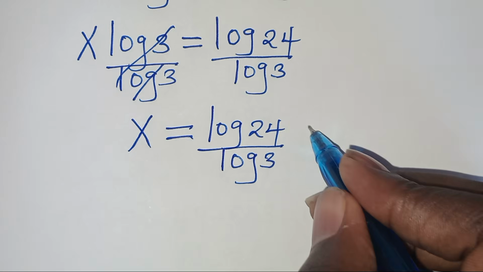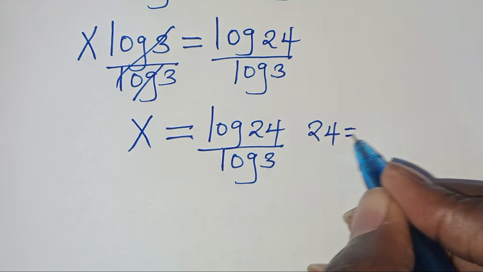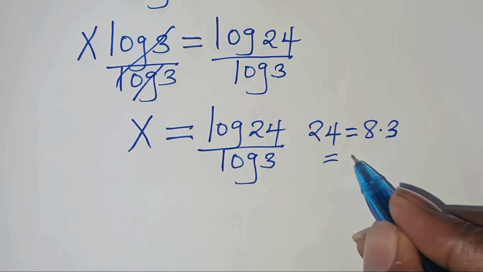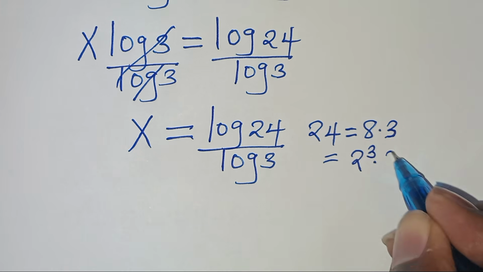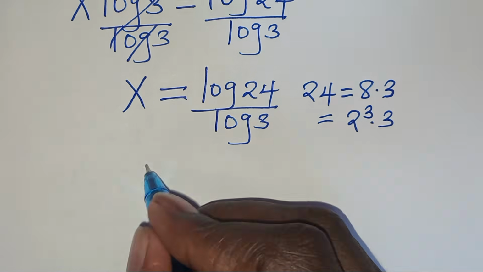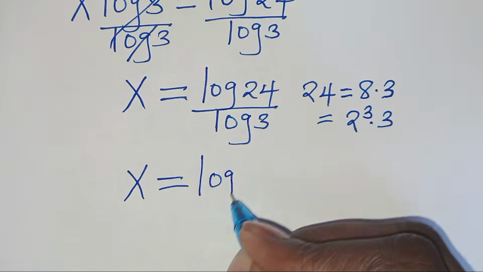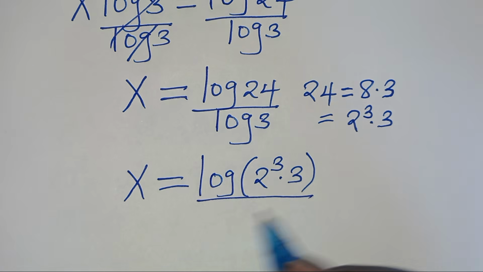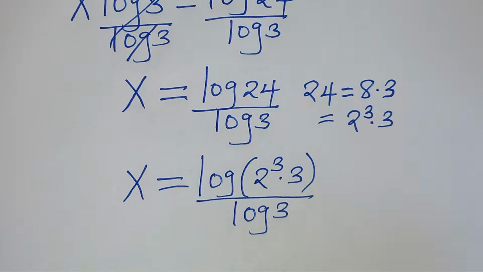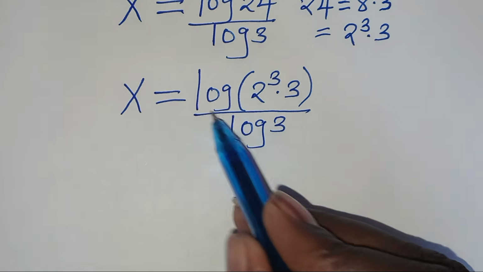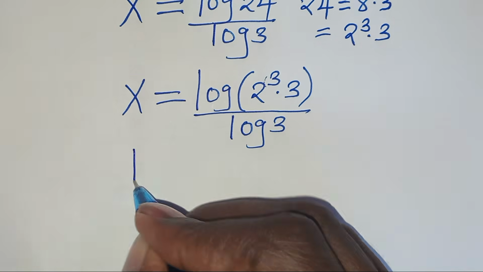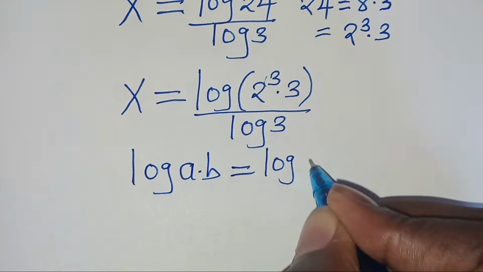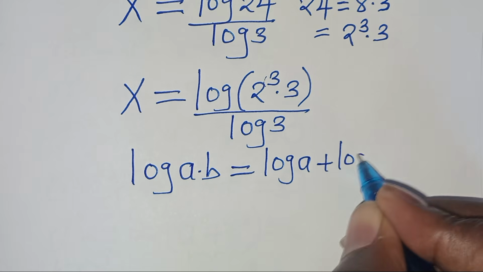The next step is that we can express 24 as 8 multiplied by 3, which you can also express as 2 raised to the power of 3 multiplied by 3. So x is equal to log of 2 to the power of 3 multiplied by 3, divided by log 3. The next step is that log of 2 to the power of 3 times 3 is in the form of log a times b, which we can express as log a plus log b.